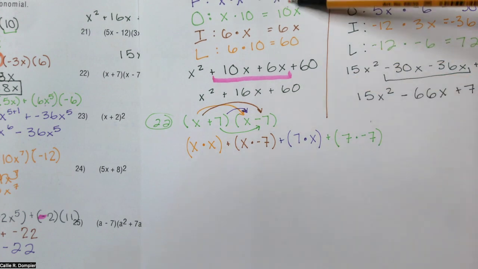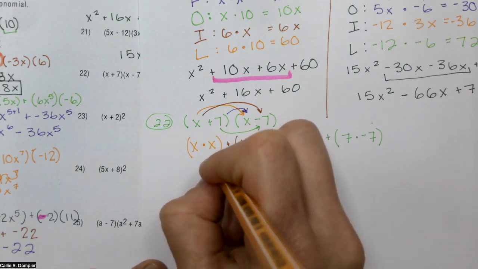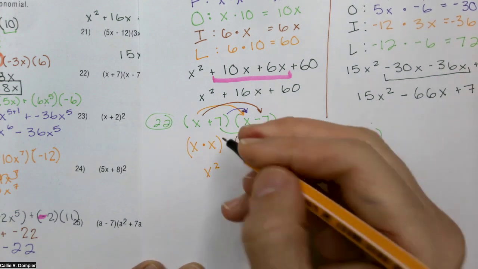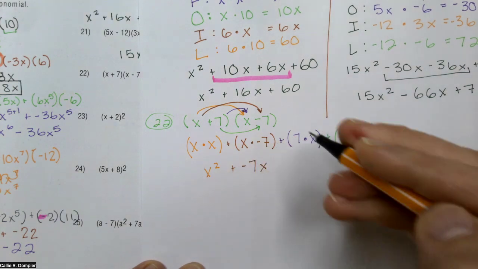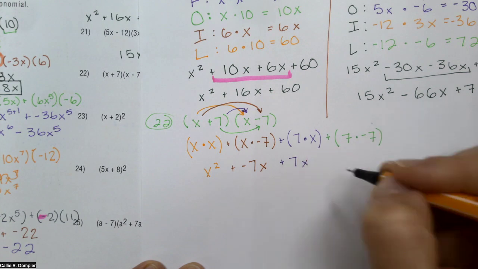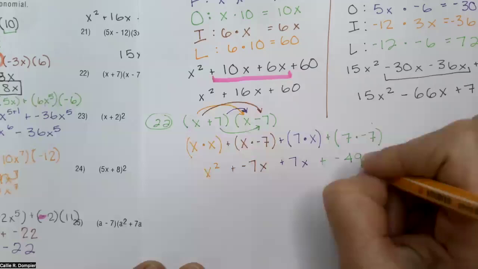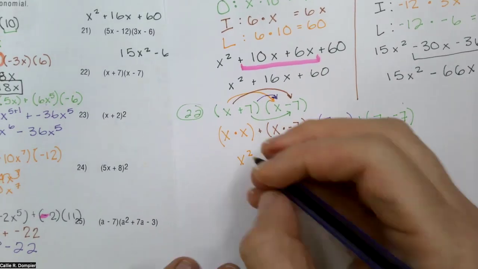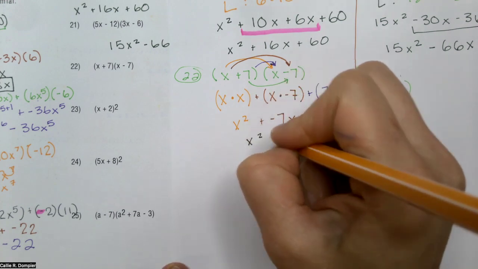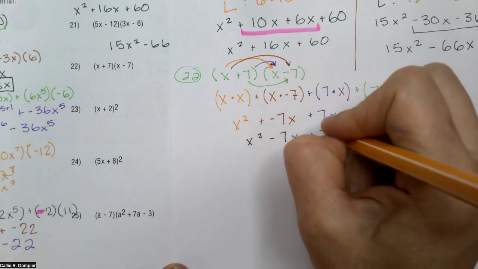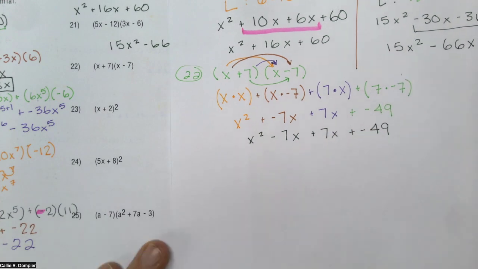All right, so it was like FOIL, but I kind of did it all in one line, if you prefer that way. X times x is just x squared. X times -7 is just -7x. 7 times x is just 7x. And then 7 times -7 is a -49. So that will be x squared minus 7x plus 7x minus 49.